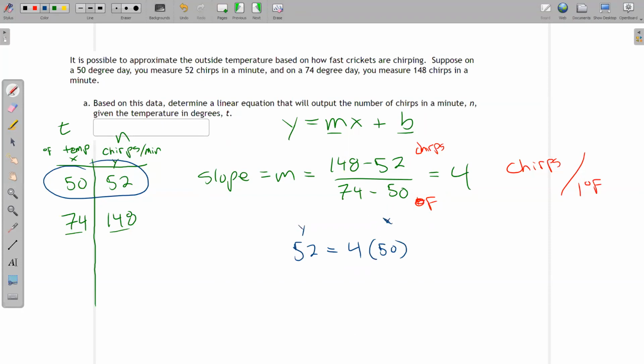Every once in a while I screw that up. 4 times 50, 4 times 5 is 20, so that'd be 200. So we'll have to subtract the 200 to the other side. And so it looks like b is negative 148.